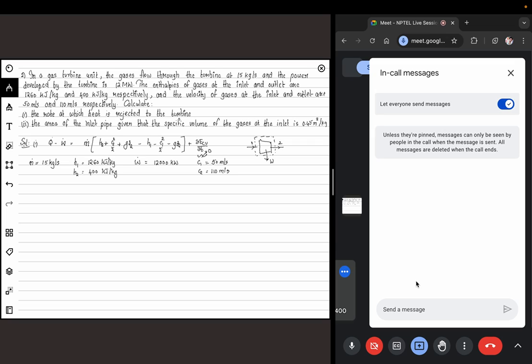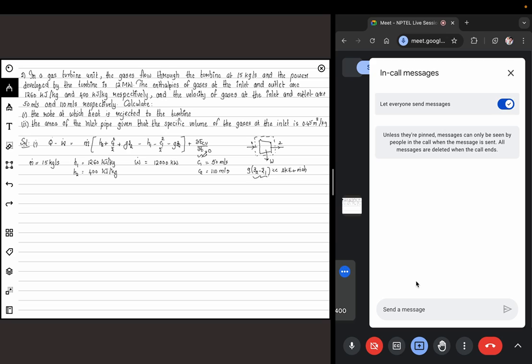So in this equation, we are assuming that Z2 minus Z1 is very much less than the change in kinetic energy plus delta H, so we are neglecting this term. So what do I have now?